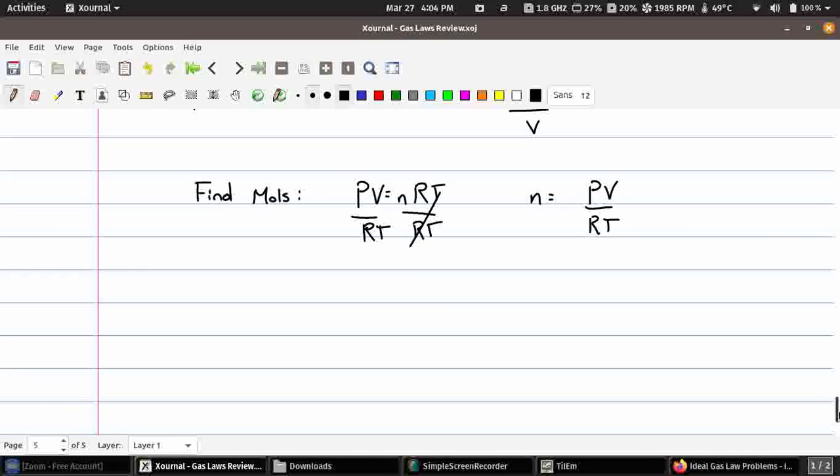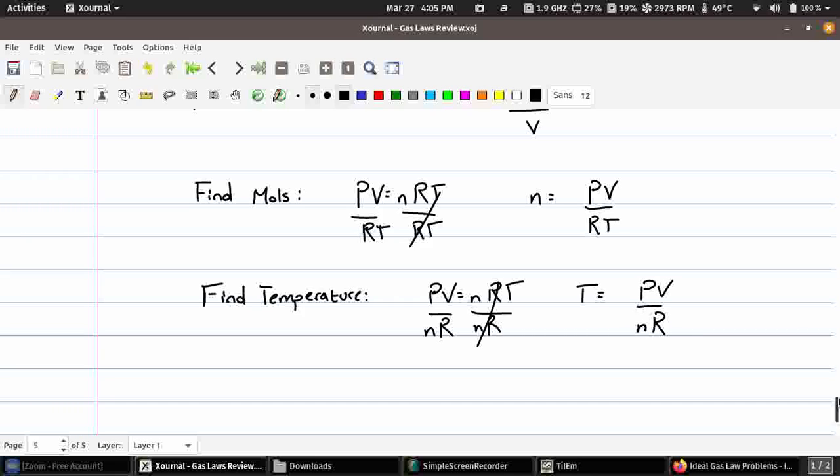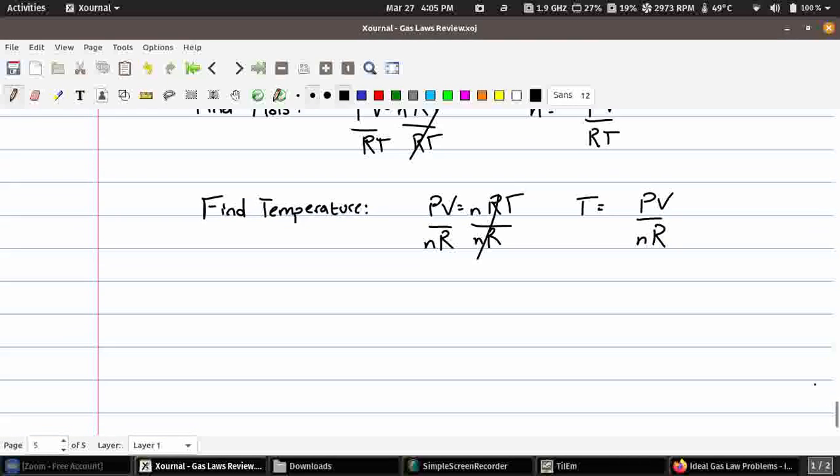If I said find temperature, you have PV equals nRT. You would divide nR. So that means T equals PV over nR. If you wanted to find R for some reason, even though you already know it, same thing, you just divide out. So every single piece of this equation can be isolated to figure out what it is. They're all proportional to each other. All of them.